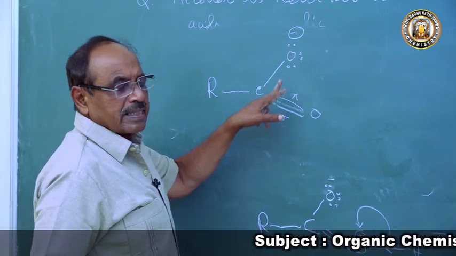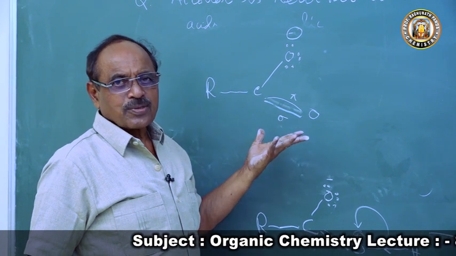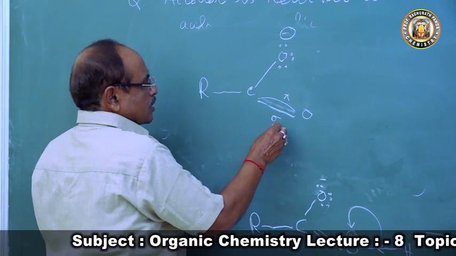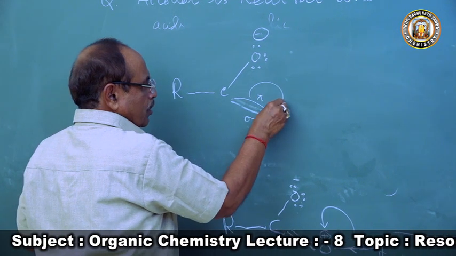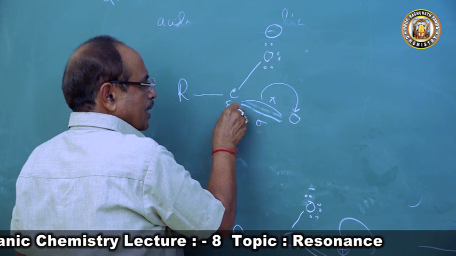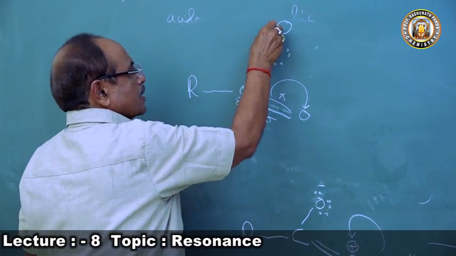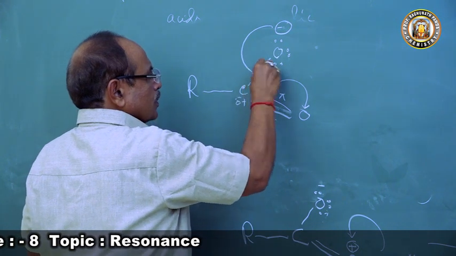So there is a conjugative effect. They are in conjugation. So automatically this oxygen will attract the pi electron pair towards it and will produce a positive charge at the carbon atom. To neutralize this positive charge, this pair of electrons can come to this place.